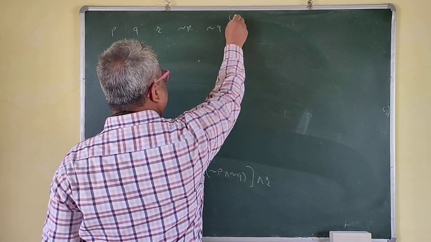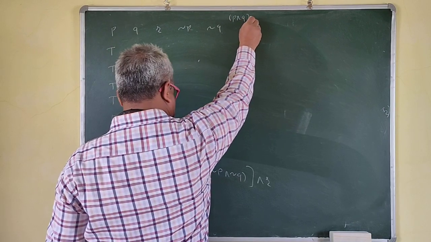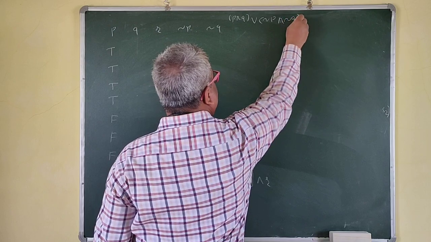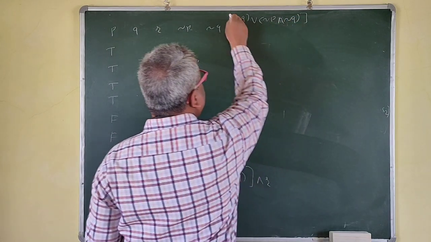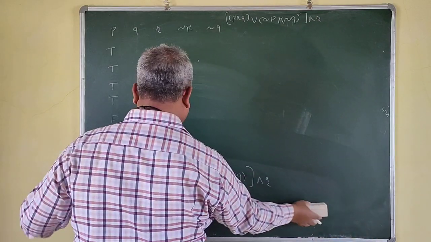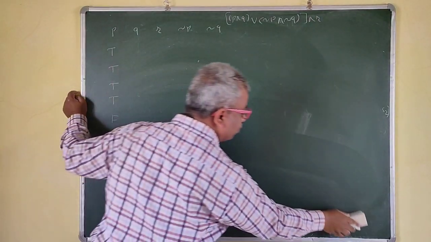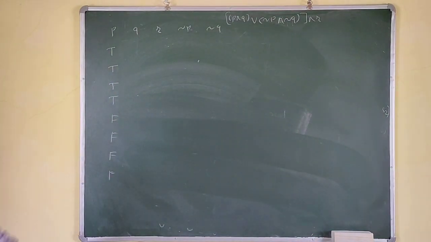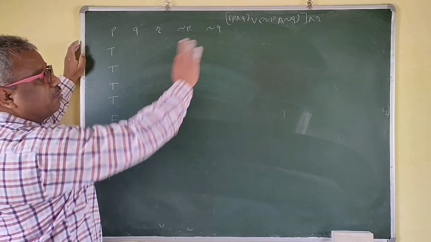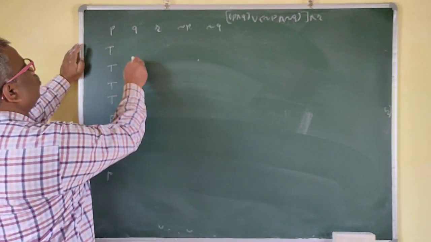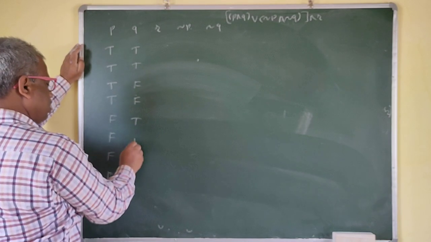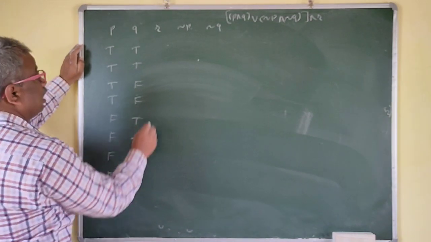Okay. So P and Q, and negation P and negation Q. I am writing this here because I want this space. Okay, we have to take attention for this one. We have to make a truth table for this one. Now 2T, 2F, 2T, 2F, then alternating.